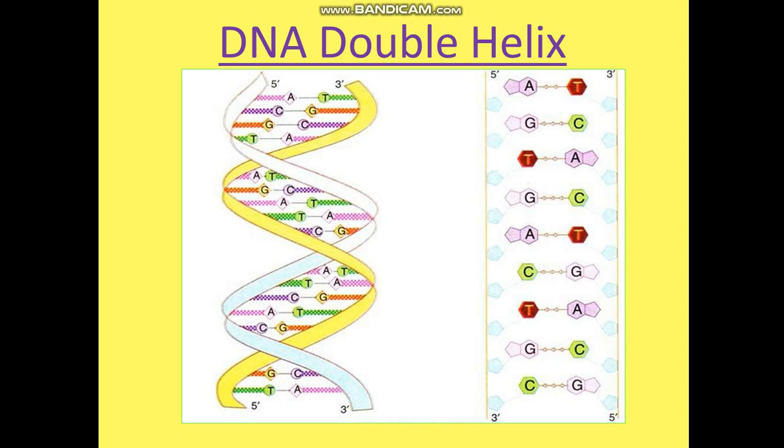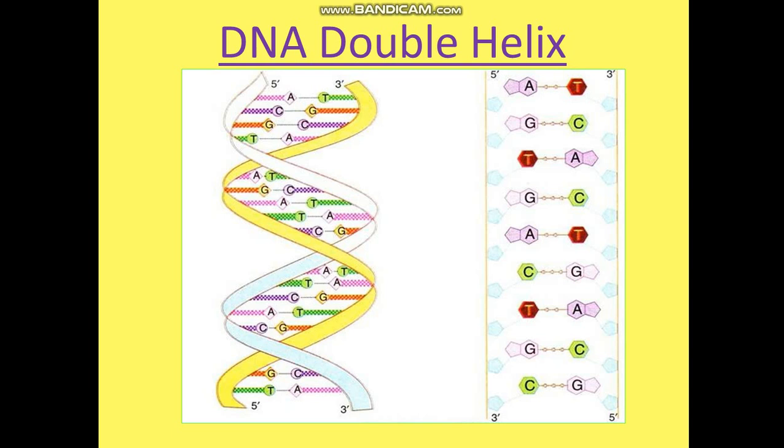The two backbones, that is the white color backbone which you can see here, and the yellow color backbone, they run anti-parallel to each other. Anti-parallel, that is something you will be studying in higher classes, but for now on the next structure on your screen, it is written 5 prime on the top end, and below it's written 3 prime, but on the other strand it is written 3 prime to 5 prime.